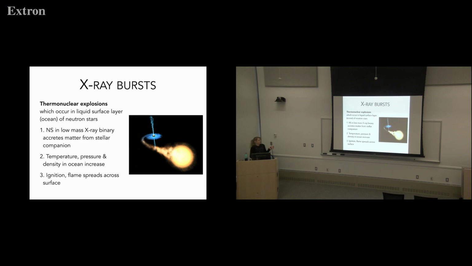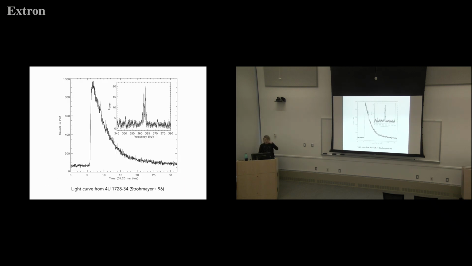So how do we know this happens? Well, we see them. We've been seeing these type 1 X-ray bursts since the 70s, I think. Here we've got what's called a light curve, a plot of the X-ray radiation that we measure from this particular source. We start off with a persistent X-ray radiation from the star, and then very quickly we have a very sharp burst.